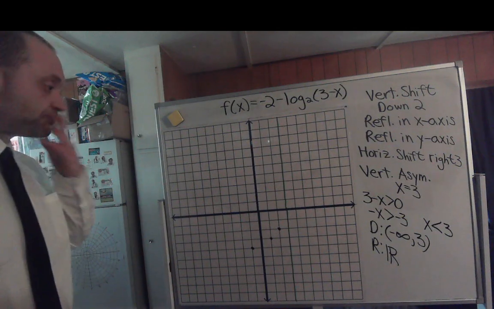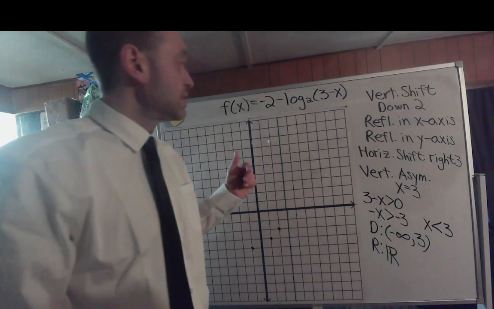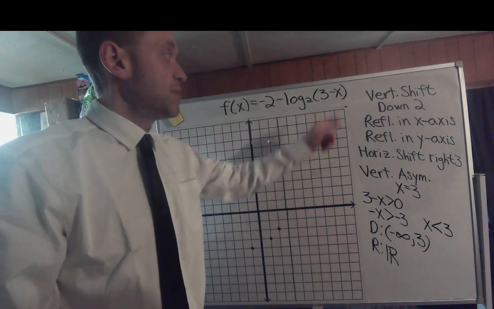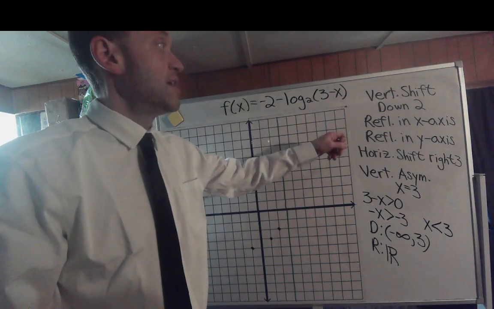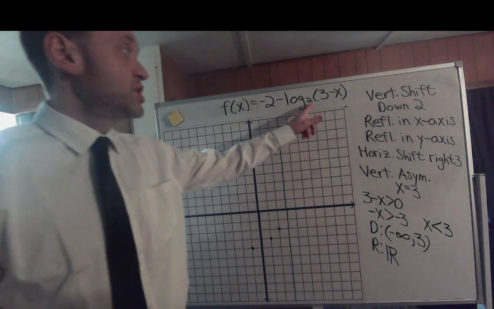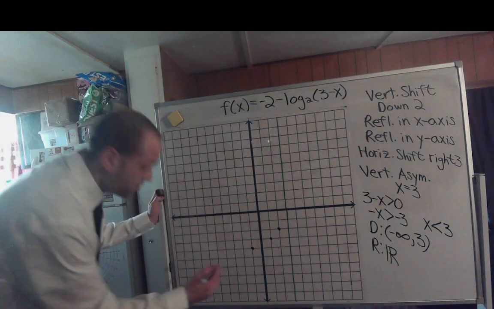And then, let's see. I'll pick negative 5 for x. Well, that would give me 3 minus negative 5, which would turn into 3 plus 5, which is 8. Log base 2 of 8 is 3. Negative 2 minus 3 is negative 5.